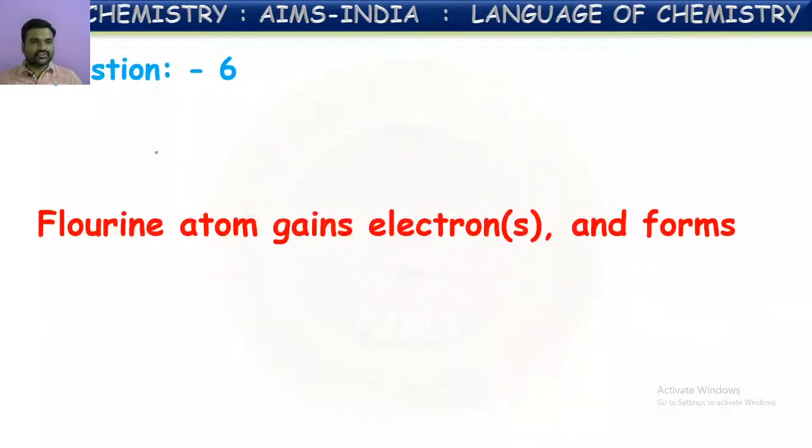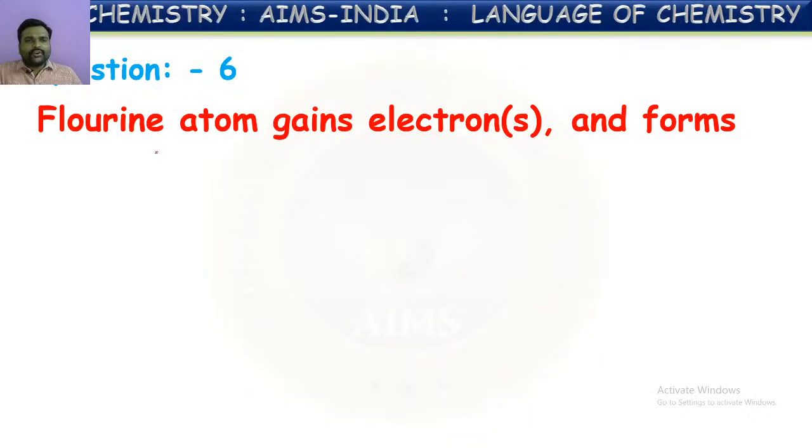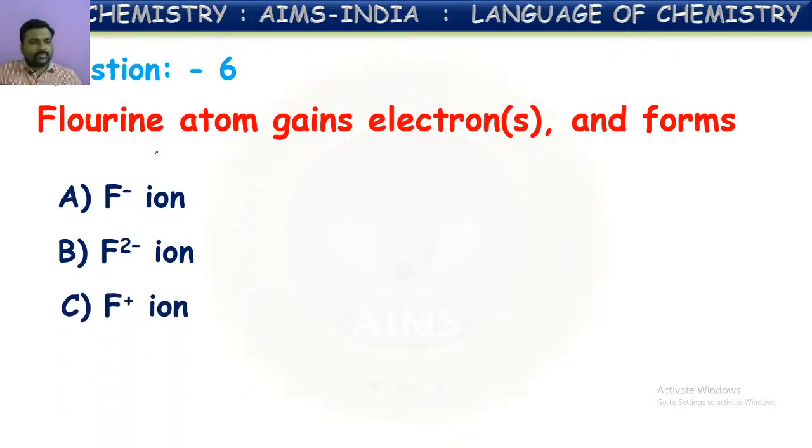Next, one more last question here. A fluorine atom gains electrons, either one or more, and forms blank. Elements generally form ions by gaining electrons, and these are called anions. So what ion is formed by the fluorine atom? Options given like this: F-, F2-, F+, F2+ ion. The answer is F-, because the fluorine atomic number is 9.